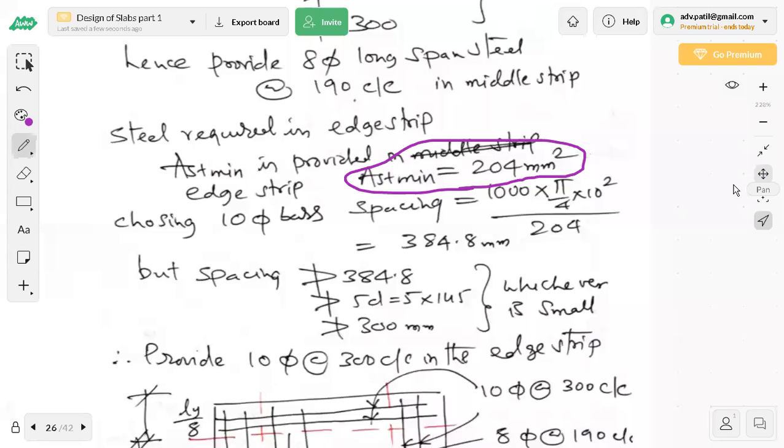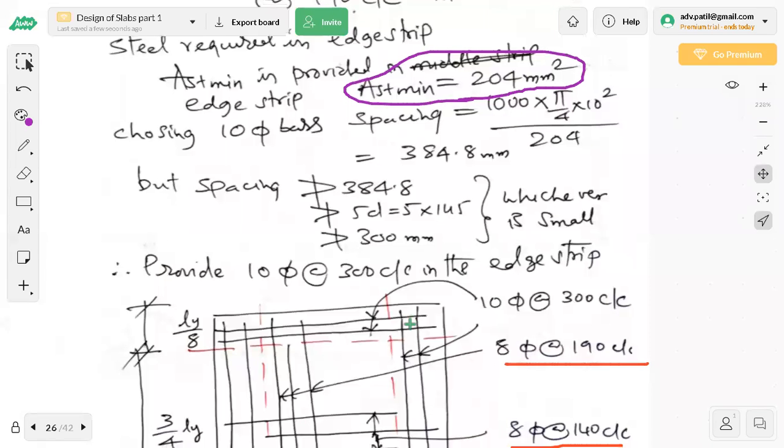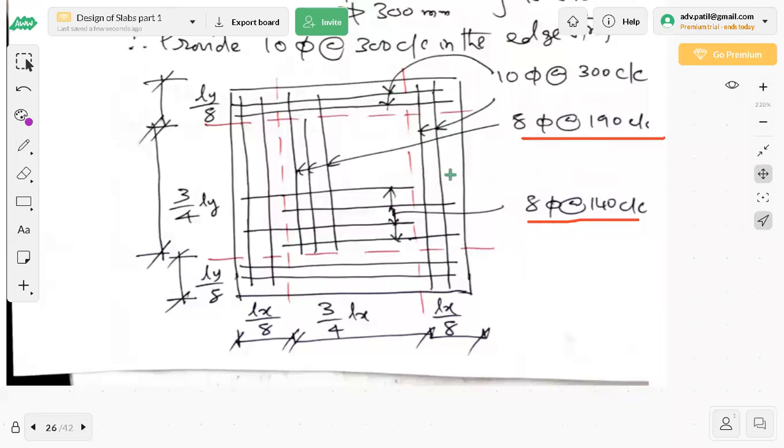What I have done here is in the edge strips, whatever edge strip is here, this surrounding, other than the middle strip, remaining all is edge strip. There I am able to provide only two bars. You can see two, all are overlapping there. At the corners they overlap. So these are the two bars of 10 mm diameter.